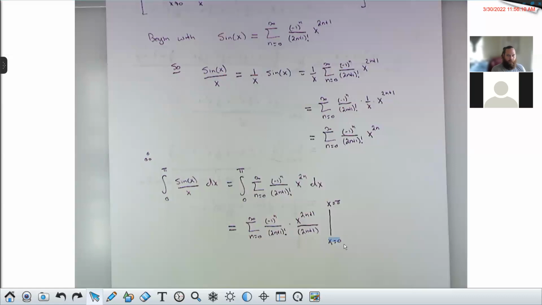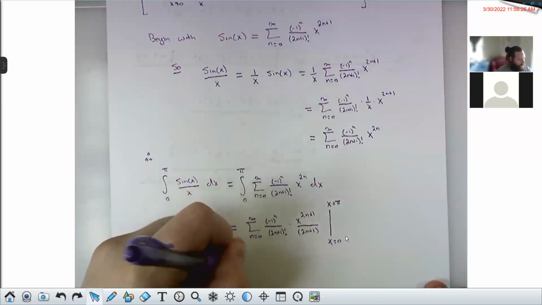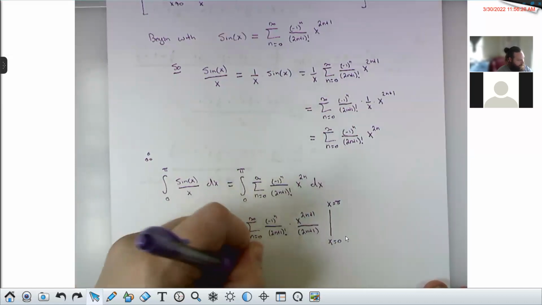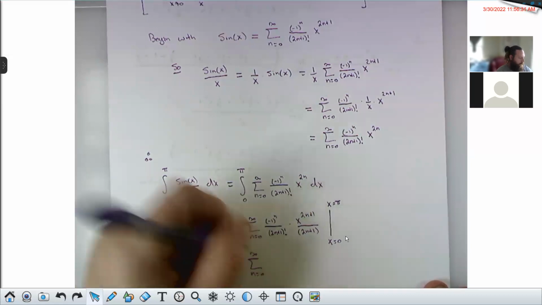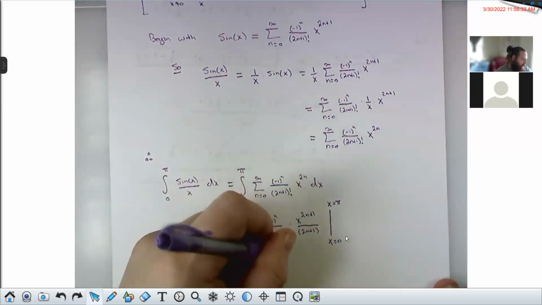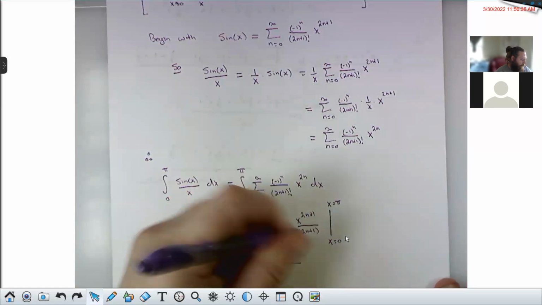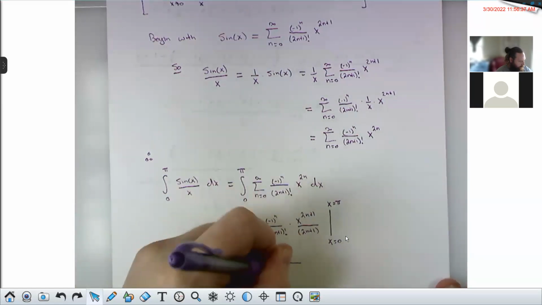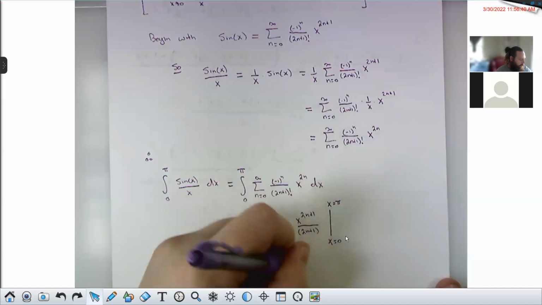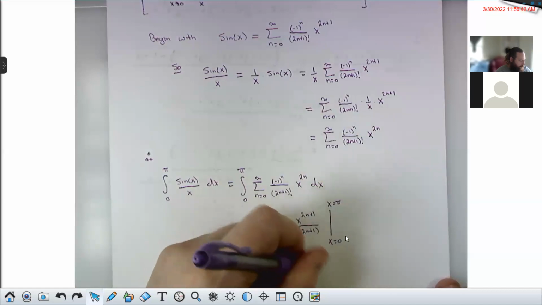When you plug in 0 for x here, every term of the series is 0, because this guy is 0. So you get a bunch of stuff times 0. So the result is -1 to the n over, I'll combine these things here, so this is 2n plus 1 factorial times 2n plus 1.